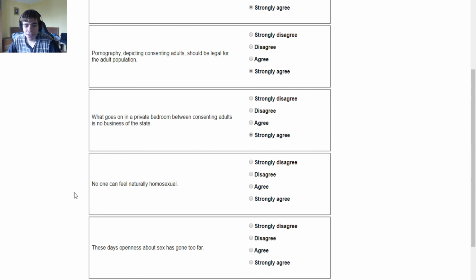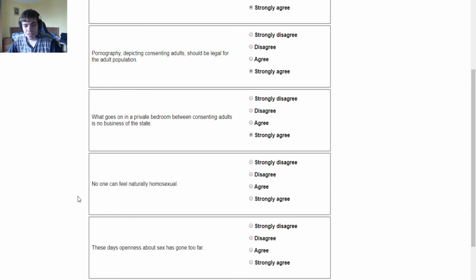No one can feel naturally homosexual. There have been new studies about how the genetic component of homosexuality may not be that strong, and the environment might affect it a bit more. But you still have to take into account that throughout human history, there's been a consistent 2 to 5% of the population that is LGBT, to use the broader term.